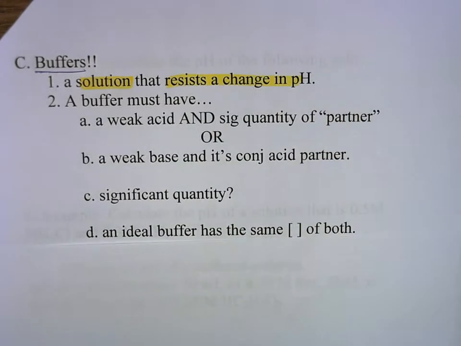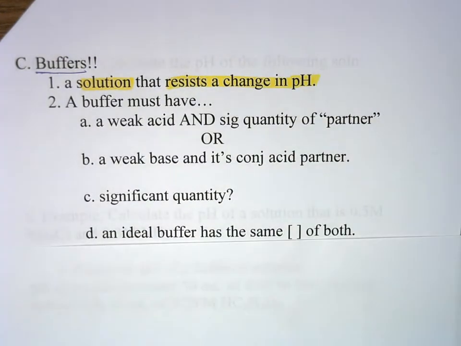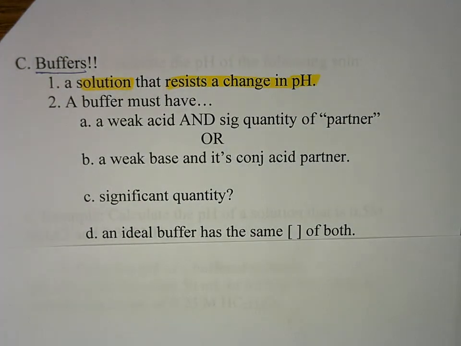That means that if you add something super acidic to it, the pH doesn't change very much, or if you add something super basic, the pH doesn't change very much. It resists that change because of everything that's in there. We're going to show how that works in a little bit.